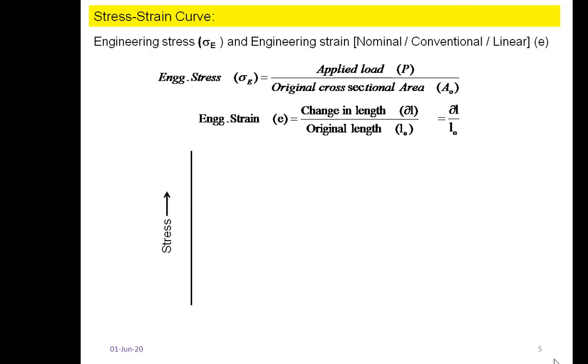So we are having stress strain diagram. On y-axis you have to represent stress, on x-axis strain. This is the stress strain diagram. Up to elastic limit, the stress is directly proportional to strain. This is nothing but the Hooke's law. The material obeys the Hooke's law, that is stress is directly proportional to strain. So sigma E is directly proportional to e up to the elastic limit.